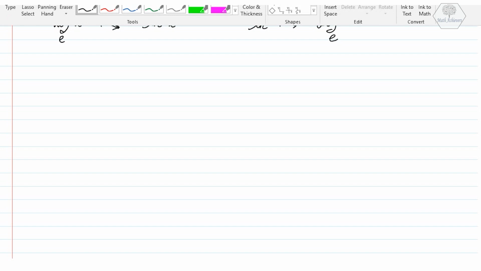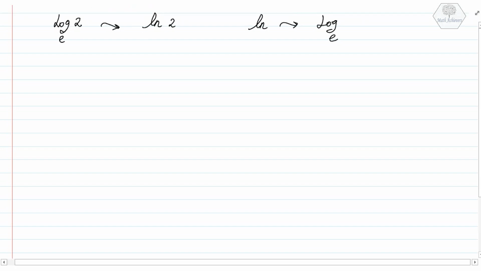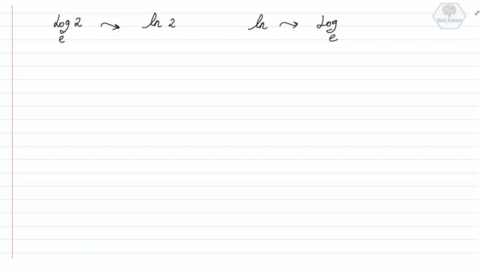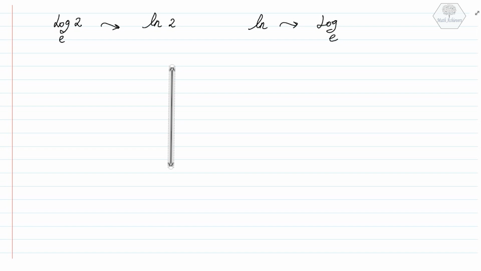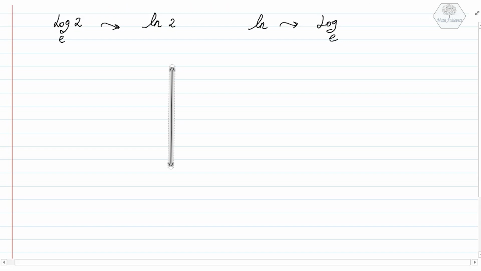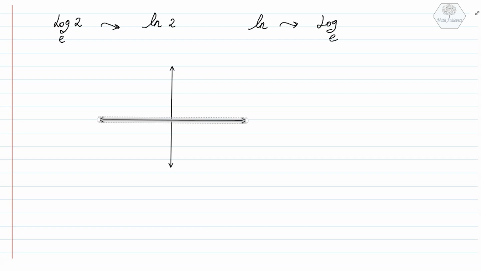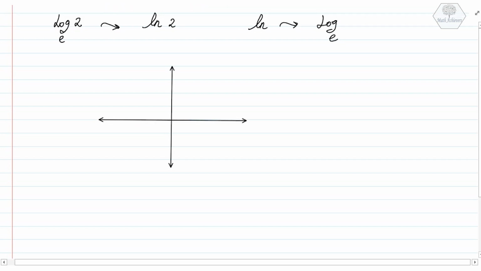If we want to draw the function ln, let's have the axes. These are my axes. Say this function, the red one, is e to the power of x.